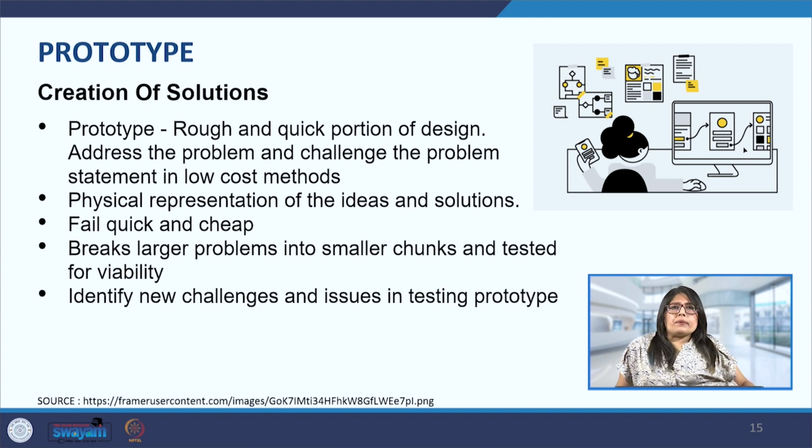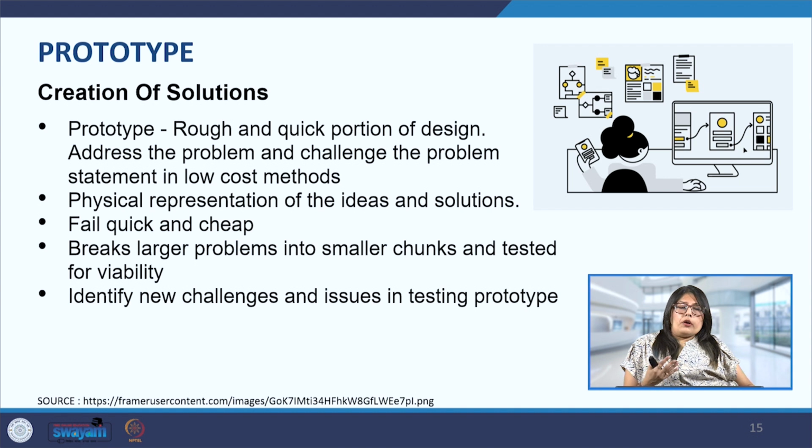Then physical representation of the ideas and solutions. This prototype serves as a physical or digital representation of the idea or solution, and this helps in transforming the abstract idea that we may have into a more tangible situation.